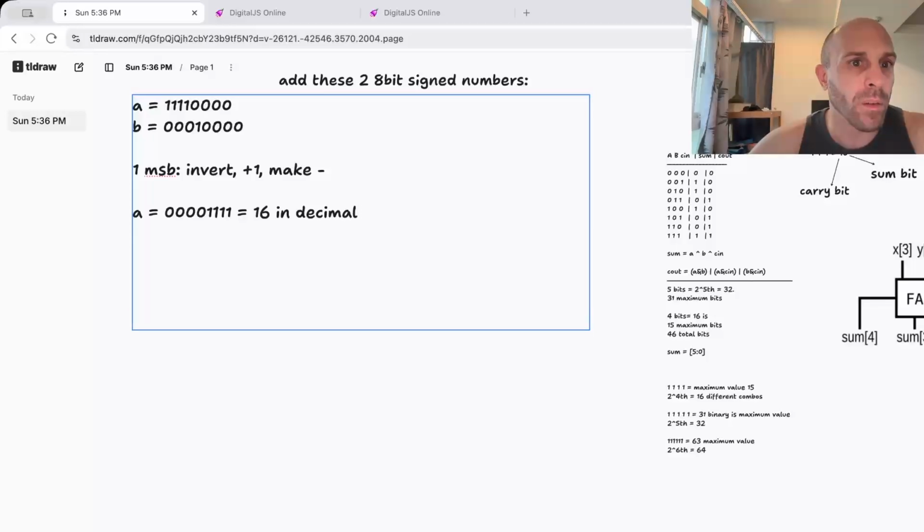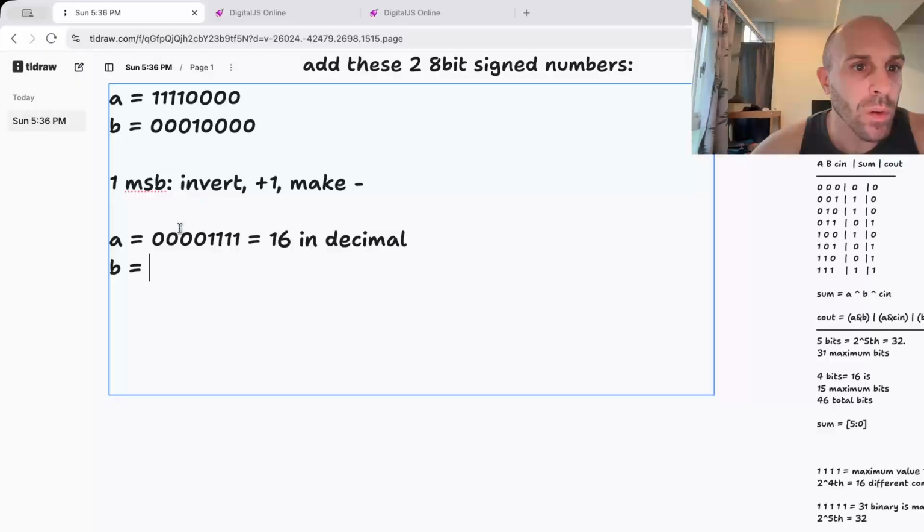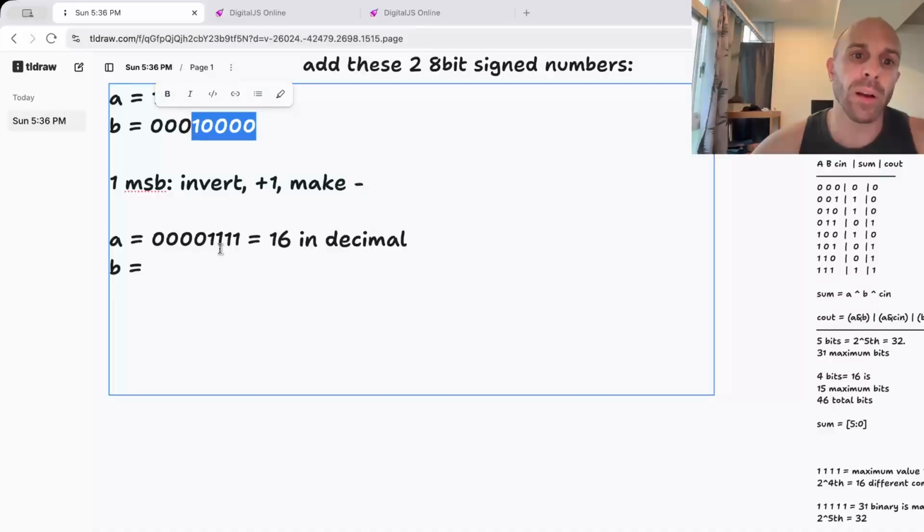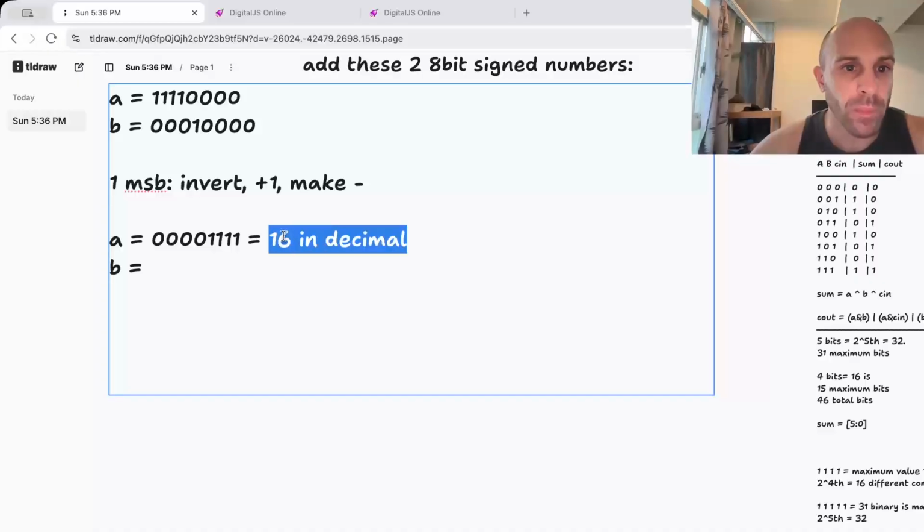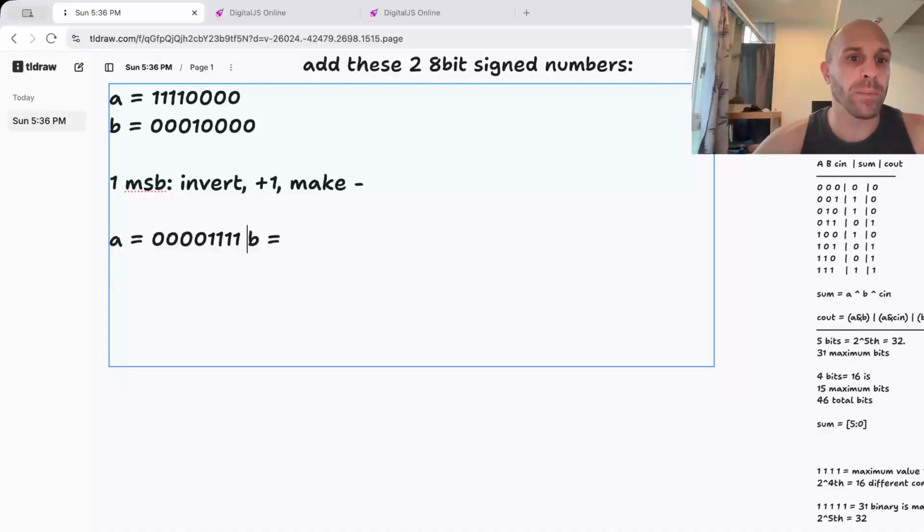And then B is equal to... oops, I forgot to do something. 111. I was wrong, sorry. That's 15. Add 1.